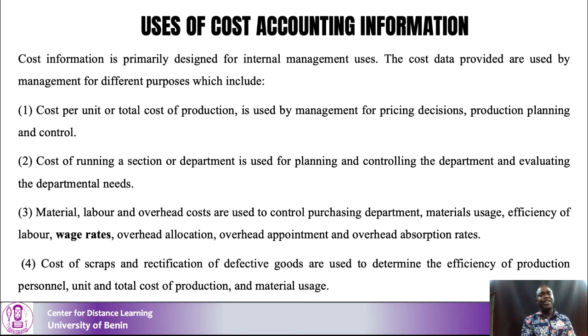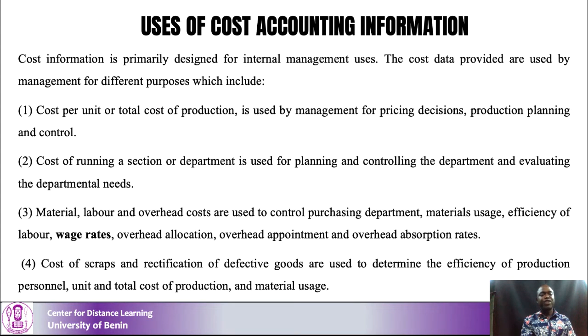Use of cost accounting information. Cost information is primarily designed for internal management use. The cost data provided are used by management for different purposes, which include the cost per unit or the total cost of production, used by management for price decisions, production planning and control.